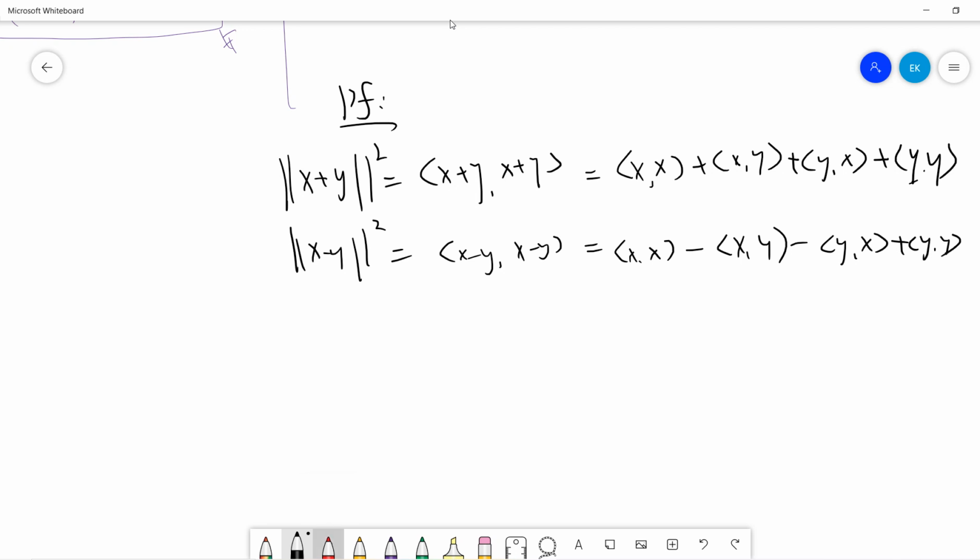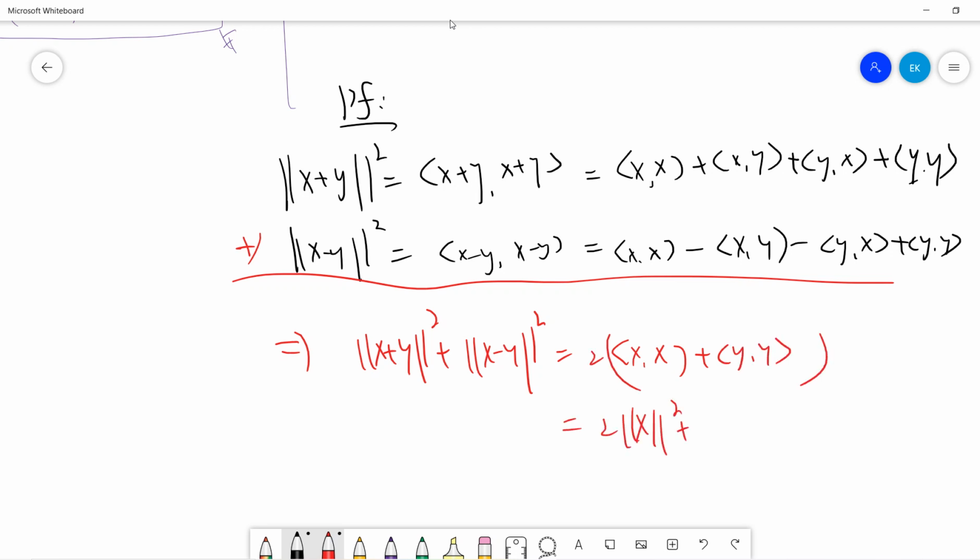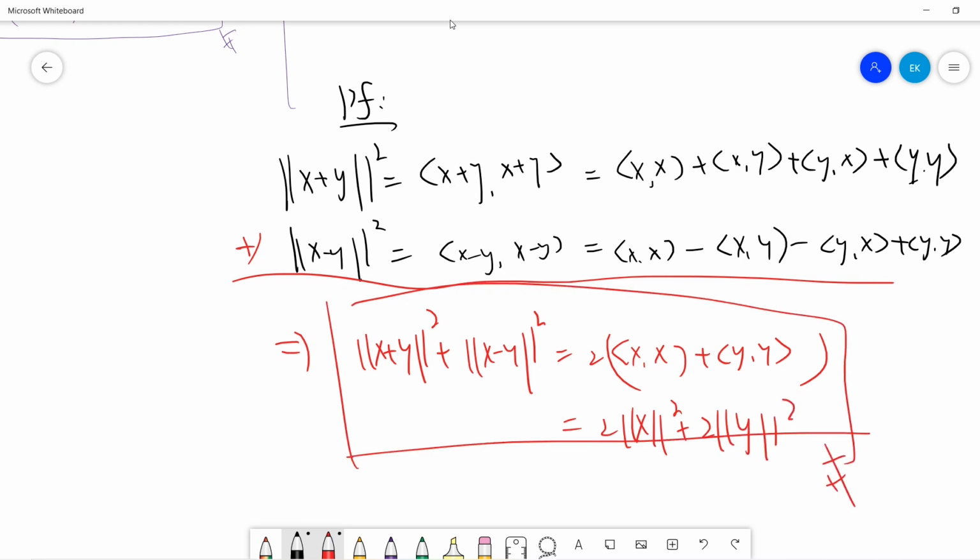The idea is that you just add these two. You get x plus y squared plus x minus y squared equals 2xx plus 2yy, by definition. So that's the proof.